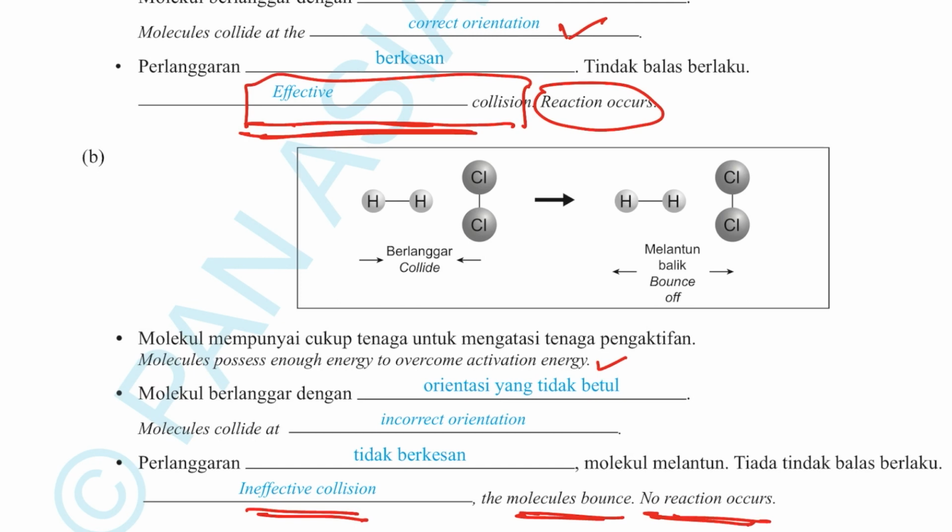So if we see the condition again, molecules possess enough energy to overcome activation energy. Yes, but when the molecules collide at incorrect orientation, there is an ineffective collision, and then the molecules bounce, no reaction occurs.